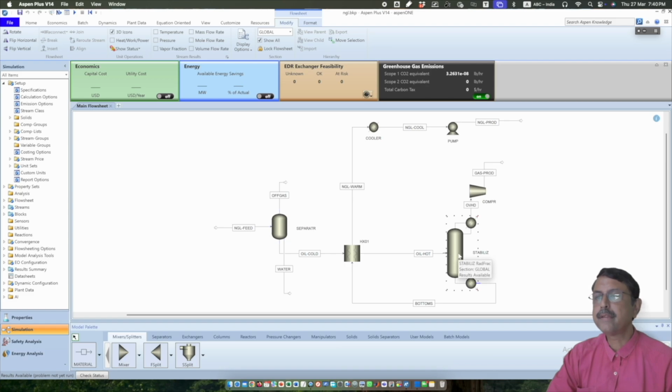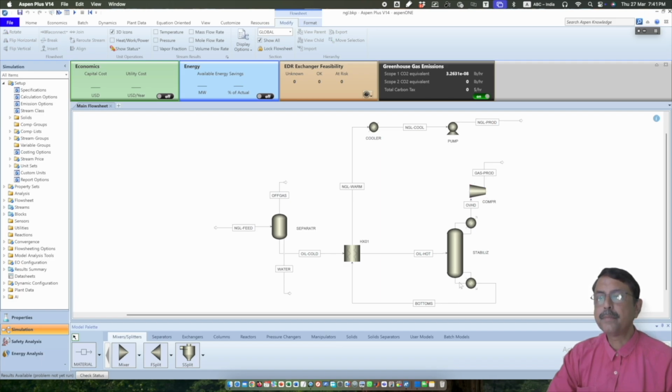This is the stabilizing column, which is a RadFrac column. The overhead distillate of the RadFrac column is fed into a compressor, and this compressor outlet is the gaseous product. Okay.